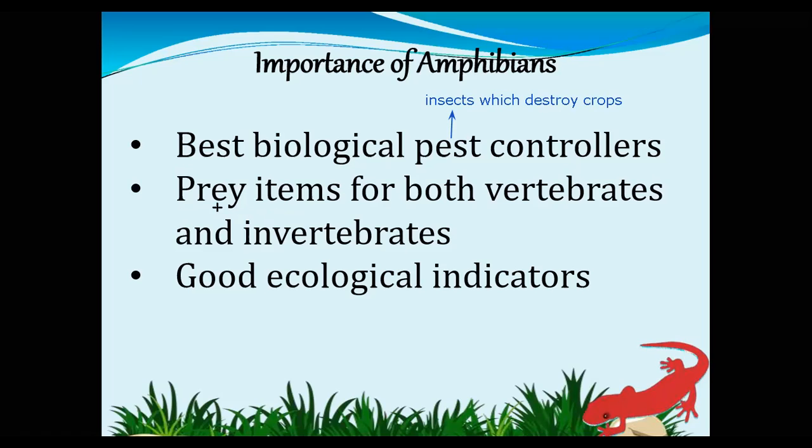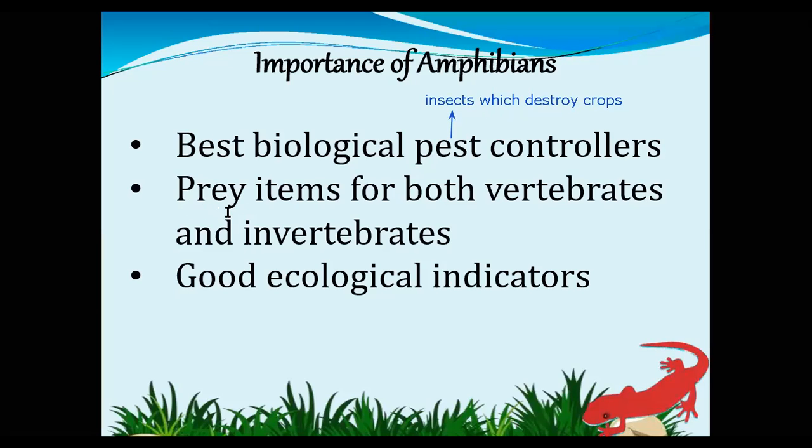Another importance is prey items. Prey means hunting insects, that means ahara, food. Prey means food. Prey items for both vertebrates and invertebrates. That means some vertebrates also feed on frogs, and some invertebrates also feed on frogs. Prey items means shikar yogya vastu.